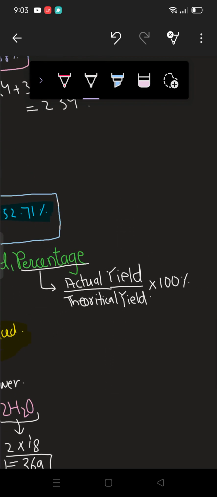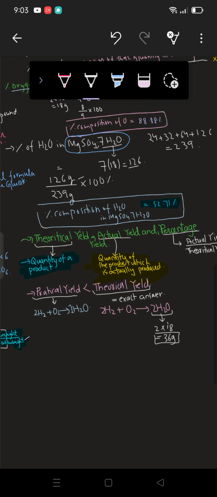Then we discussed that practical yield will always be less than theoretical yield, since theoretical yield is something which we are calculating. So of course we won't get errors, right? We're going to balance the chemical equation. However, in practical yield we perform it practically in the industry or in the laboratory, right?